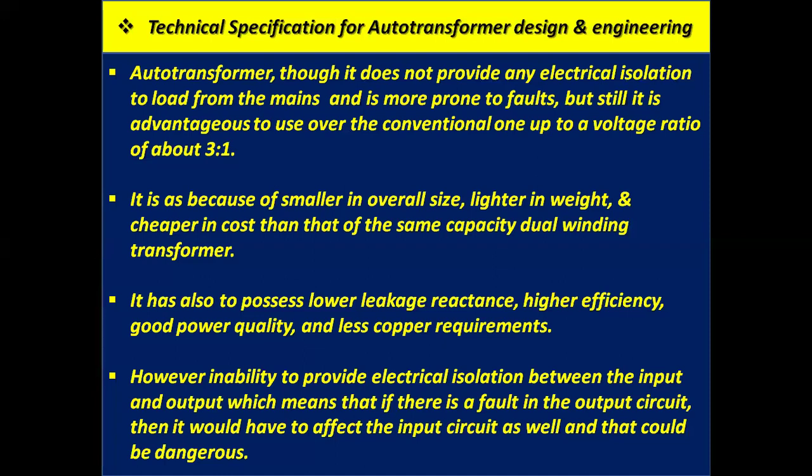It is smaller in overall size, lighter in weight, and cheaper in cost than the same capacity dual winding transformer. It also possesses lower leakage reactance, higher efficiency, good power quality, and less copper requirement.